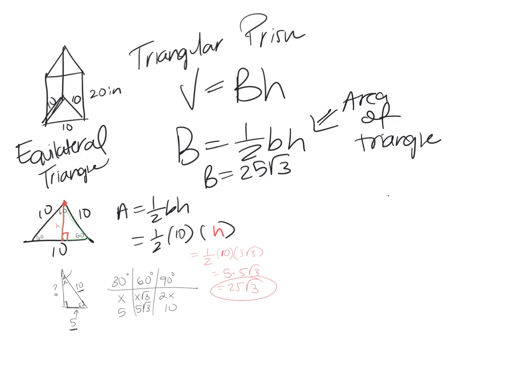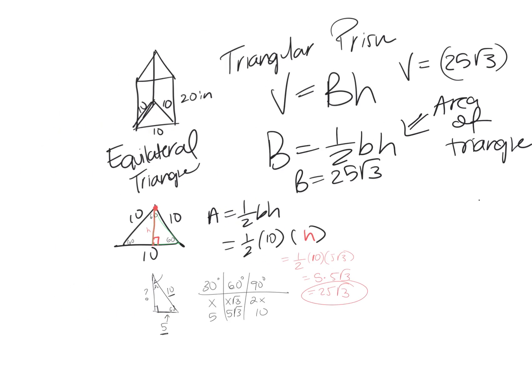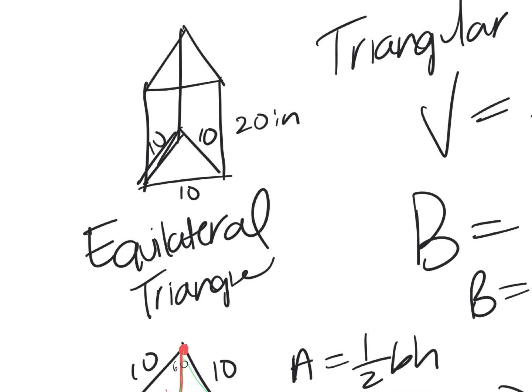But now we've got to go back to volume. So volume is capital B times H. Now, here's the tricky part with prisms. Don't think of height as standing up because a lot of students get tricked with that. In a prism, the height is not just from the highest point to the bottom.